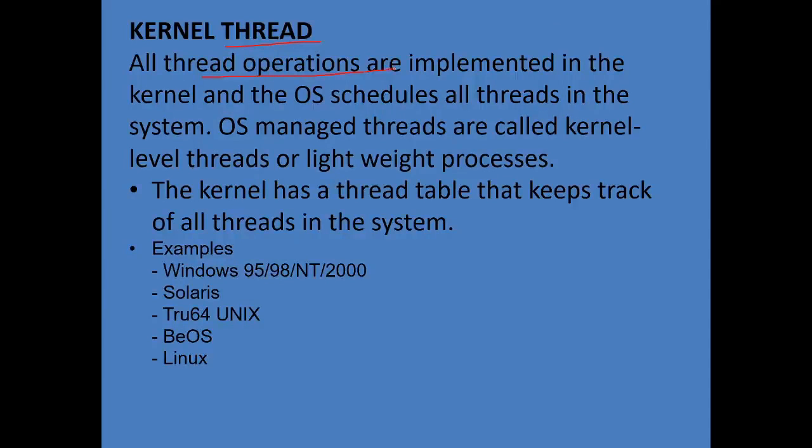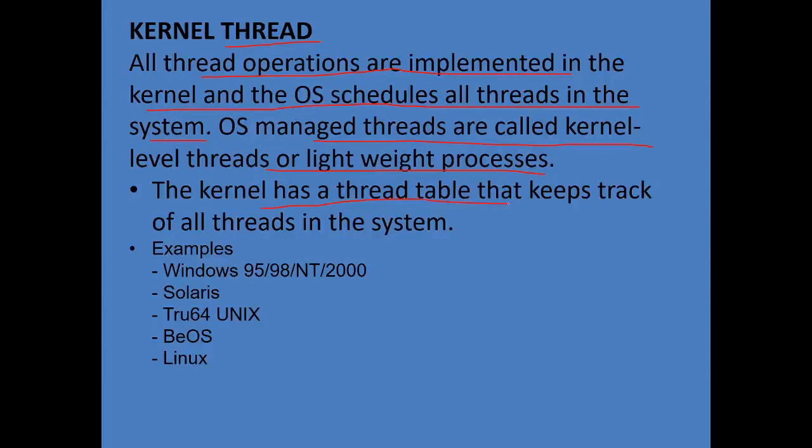All thread operations are implemented in the kernel, and the operating system schedules all threads in the system. Whenever a task is to be executed, all threads will be generated in the kernel, and the execution happens through these threads. Operating system managed threads are called kernel level threads or lightweight processes.